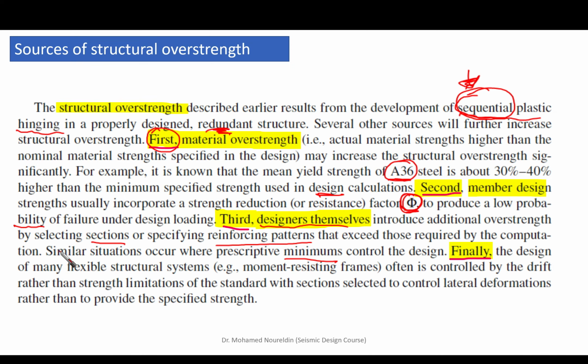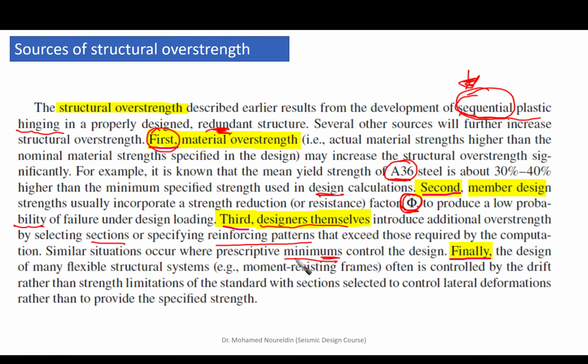If the cross section needs to be 30 by 60, which is enough for an RC beam, you are going to say, no, I'm going to make it 30 by 65 or 70. So this is overstrength you are putting. Similarly, whenever you provide a minimum control design, with all the minimums, you are providing extra overstrength for the system or the element.